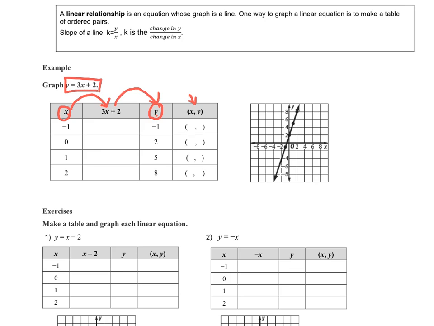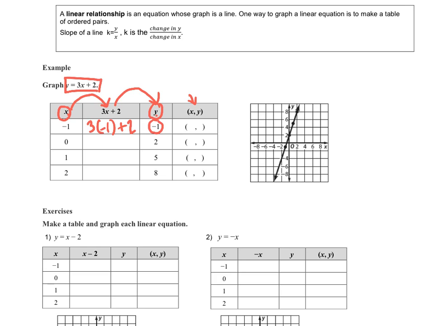So let's try it on the first one. So I'm going to 3, and then I'm going to plug in -1 for x. I'm going to add 2 to it. So 3 times -1 plus 2 equals this -1. Okay, they already have the answer there. That's kind of the problem, okay?